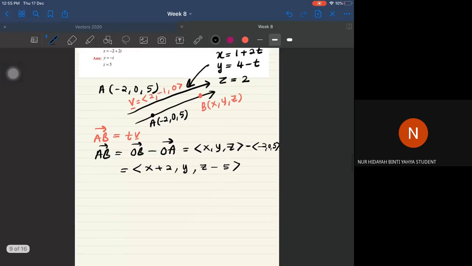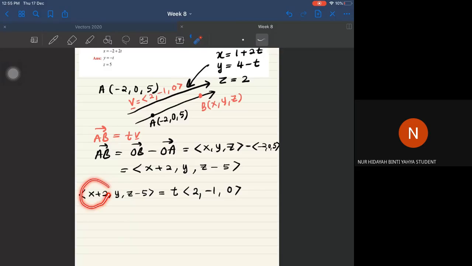So by using AB is equals to TV, so you ada X plus 2, Y, Z minus 5 is equals to T darabkan dengan what is your vector V tadi? 2, negatif 1, 0. Okay. So now kita nak solve by component kan? The first one with the first component, the second one with the second component and so on.